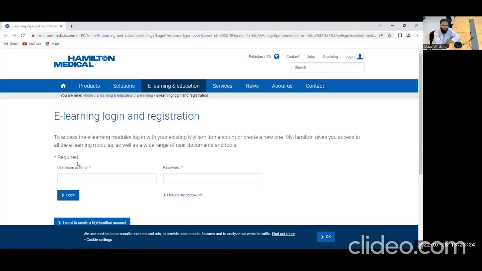So here is the point. If you have not maintained your login, first you have to create your Hamilton account. Once you have created your account, you will access it.